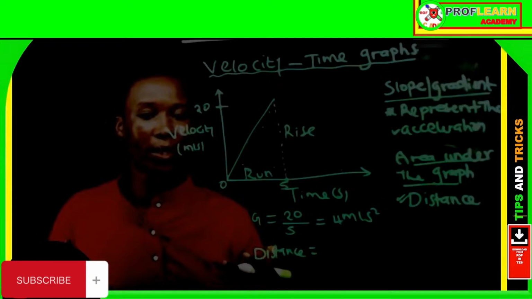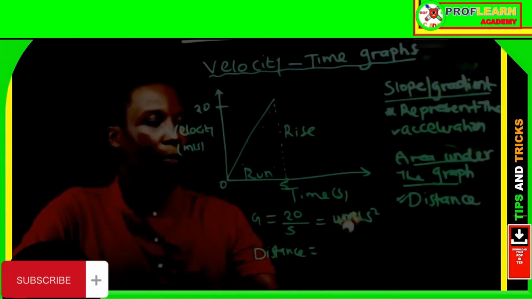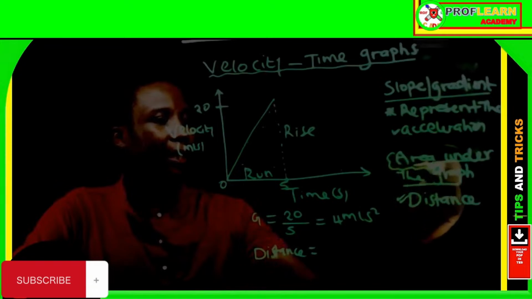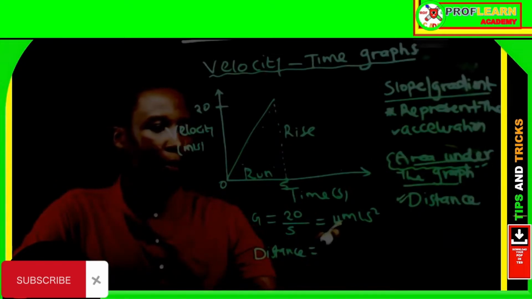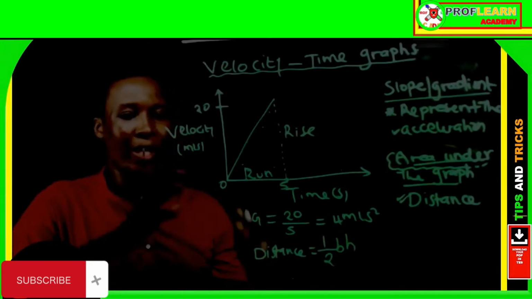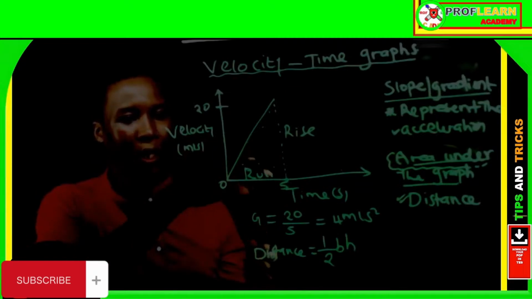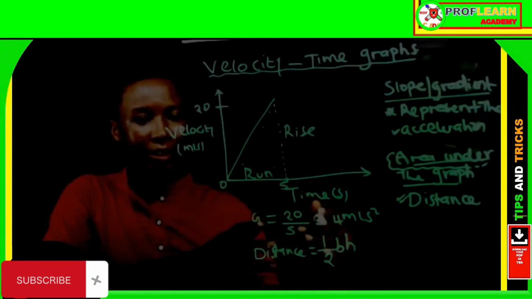Is it a square? From there you can decide which formula to use to work out the area under the graph. In our case here, we have a triangle, so it is half base times height. We use this formula to work out the area, and that area represents the distance covered.